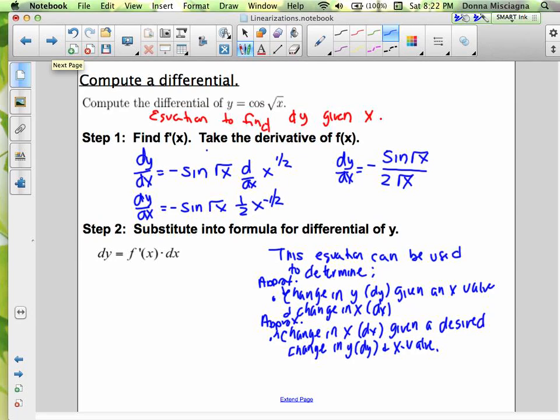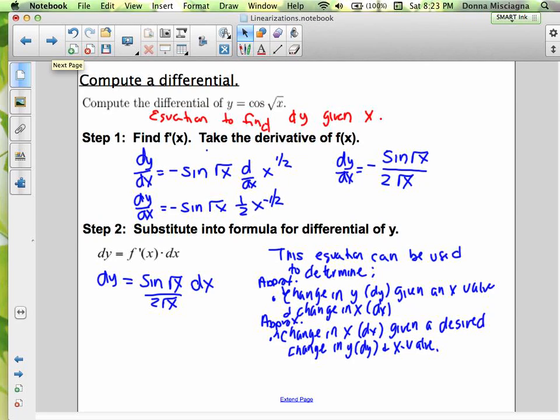So dy dx equals negative sine of the square root of x over 2 square roots of x. The differential, the equation to find a small change in y given a small change in x, is going to be the value of that derivative, sine of square root of x divided by 2 square roots of x, times the change in x. And that's all there is to the equation for the differential.